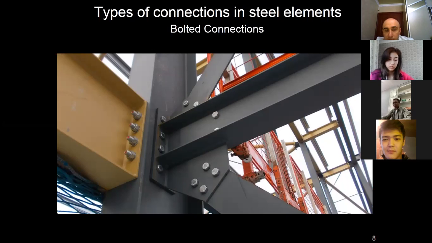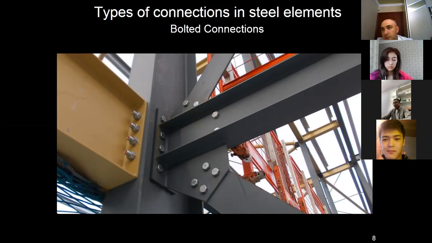They are divided into groups, group A, group B, according to the strengths. However, bolts actually have the notable disadvantage of loosening under vibratory loads, resulting in reduction of the strength.